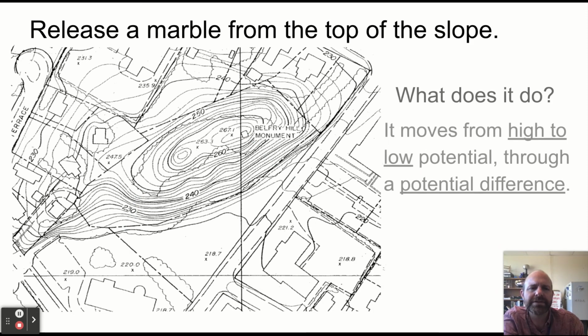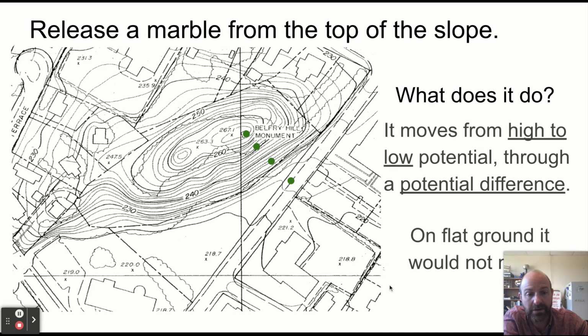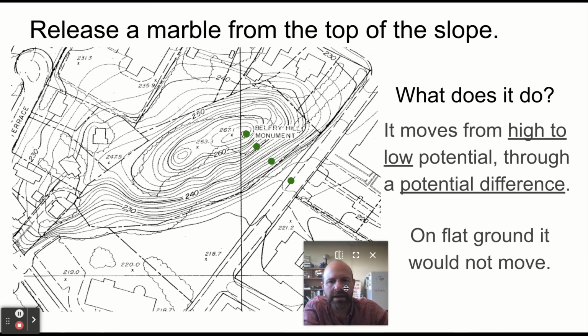If you were to release a marble from the top of the monument, it would roll along that path down to the bottom, to the lowest point, and it would go in the direction from high to low potential through a potential difference. On flat ground, the ball's not going to roll. If there is no potential difference, no height difference in this case, then it wouldn't roll.